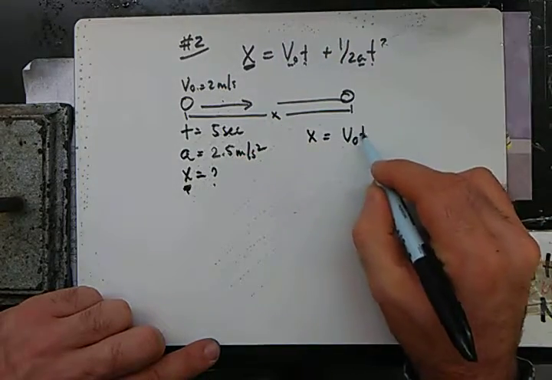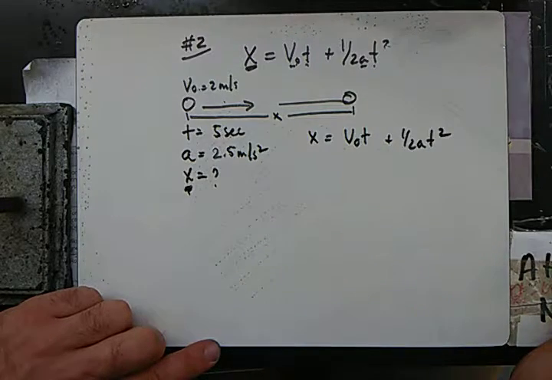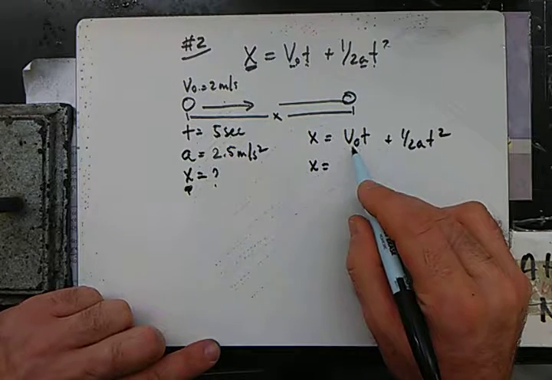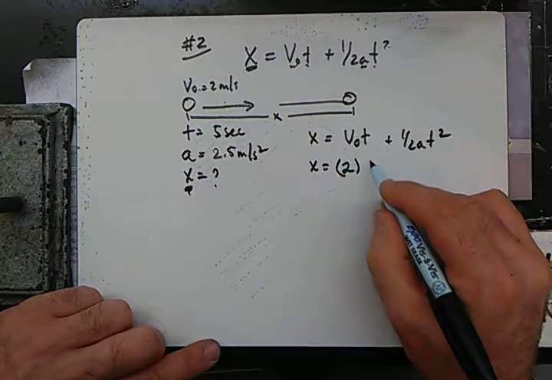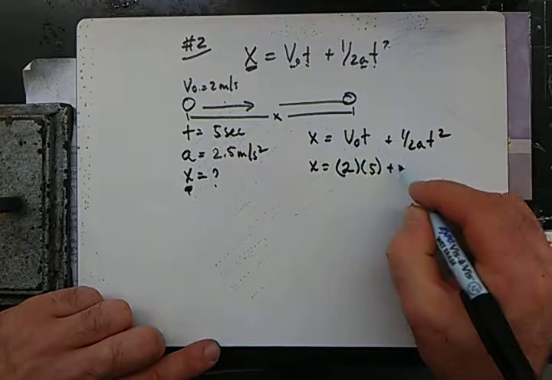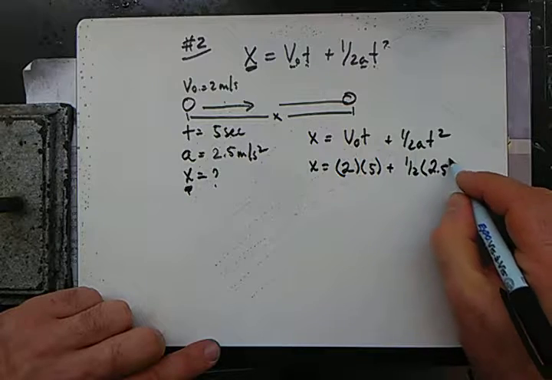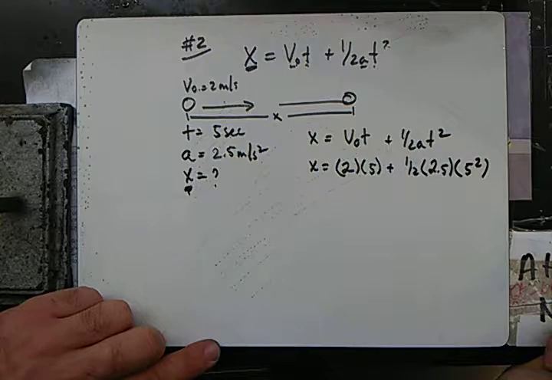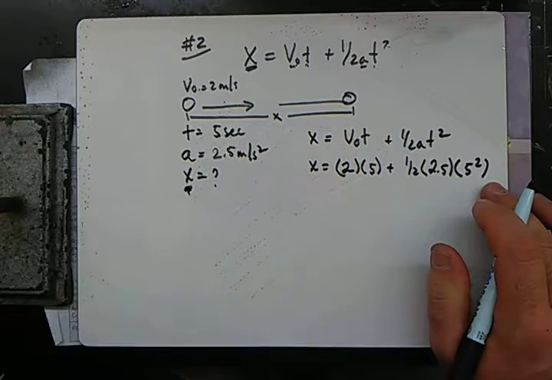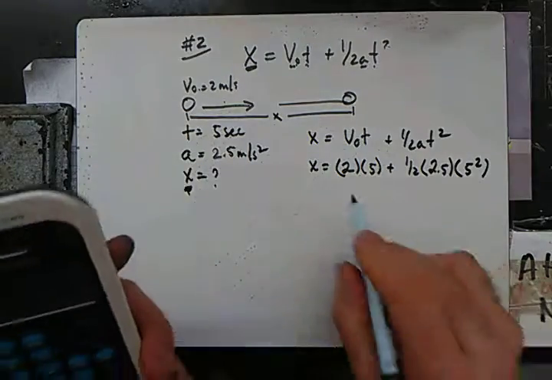X equals initial velocity times time plus half a t squared. So x is initial velocity, which we said is 2, times time, which we said is 5, plus half a, which we said is 2.5, and then t squared, 5 squared. Your calculator is going to want to jump ahead of you, so let's not let that happen. Let's do each step.